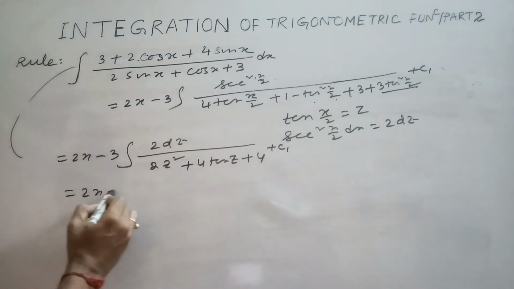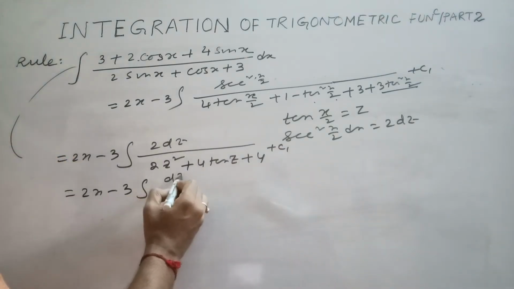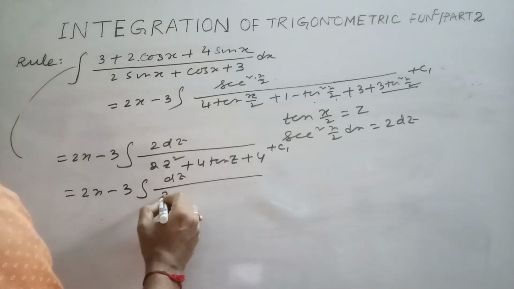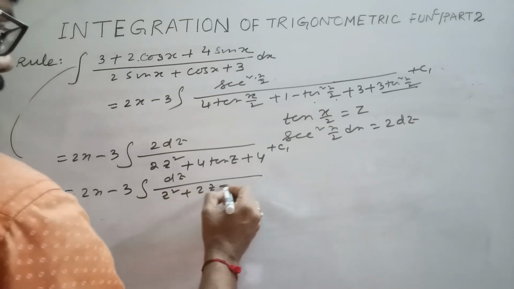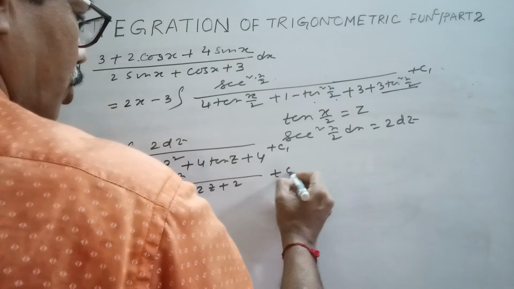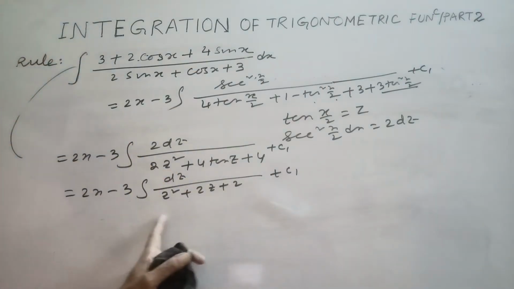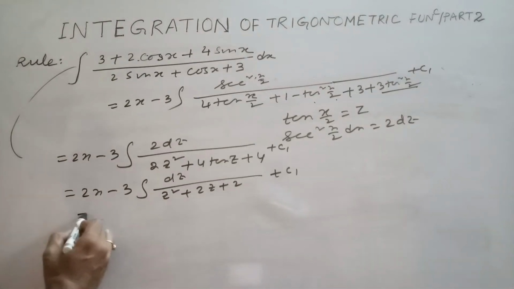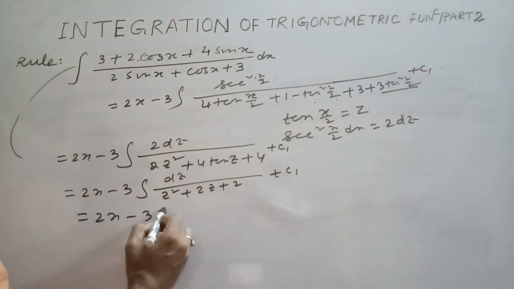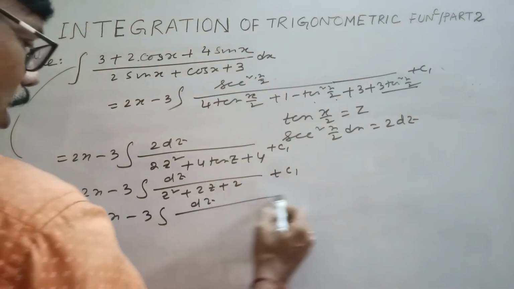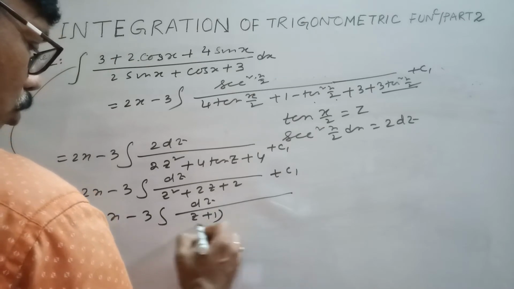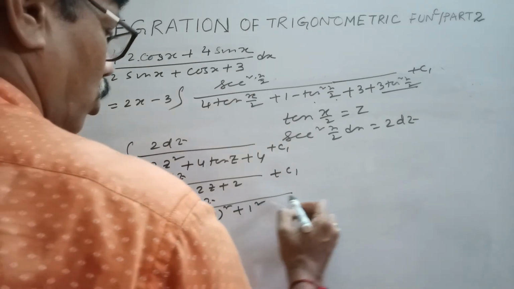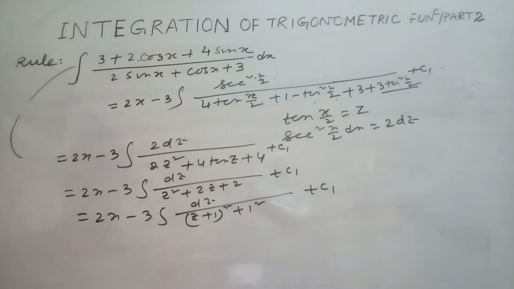Now 2x minus 3 unchanged, dz by z square plus 2z plus 2, plus c1. Now it is a sum of squares. So look, this is (2x minus 3) into dz by (z plus 1) whole square plus 1 square, plus c1.